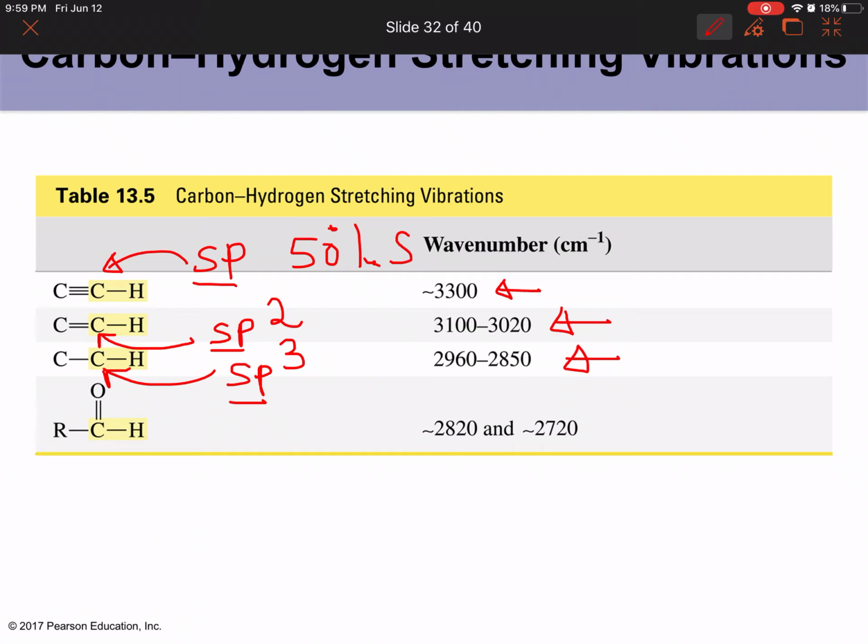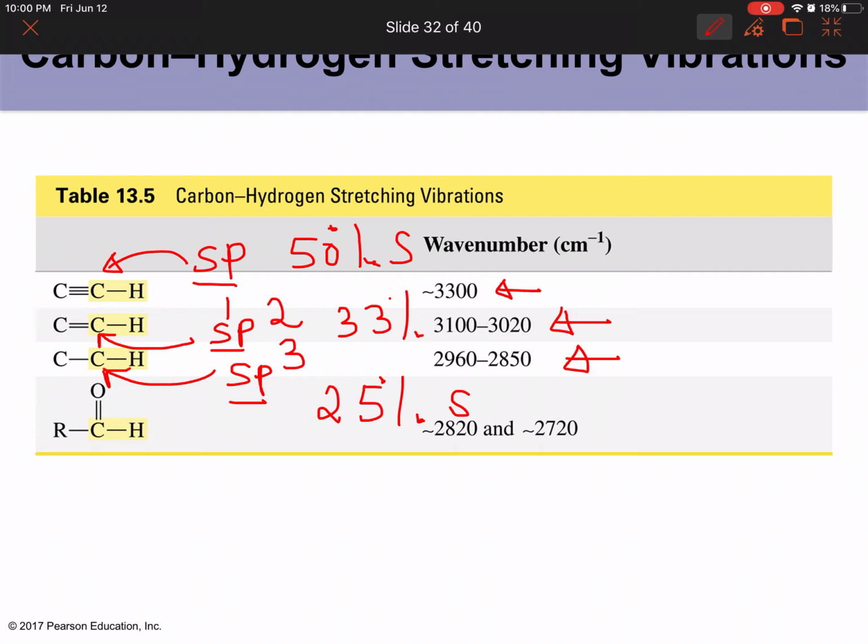What about an sp2 carbon? You take 1 plus 2, 3, and 100 divided by 3, so that's about 33% s character in the sp2 carbon. How about in sp3? That is about 25% s character.